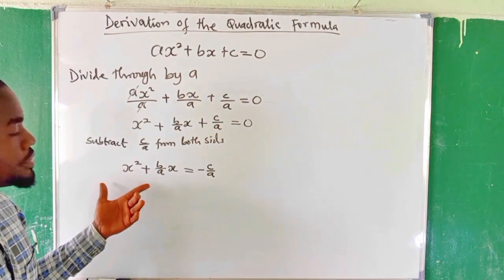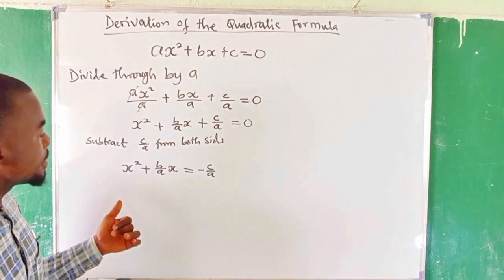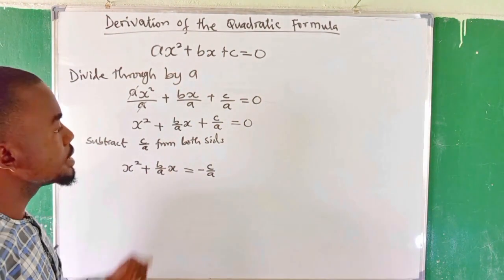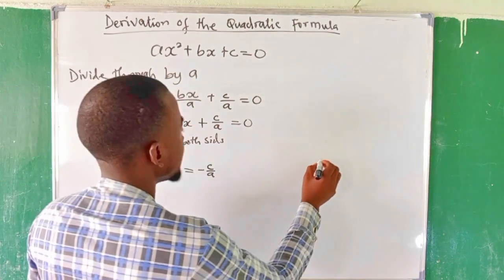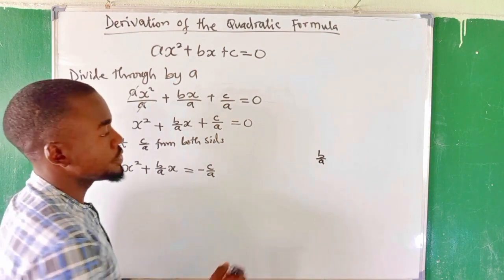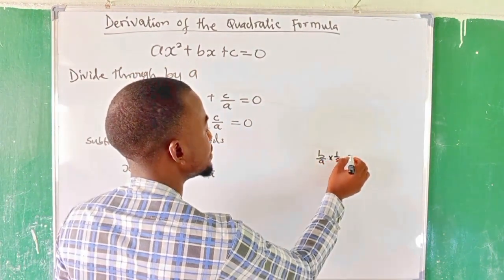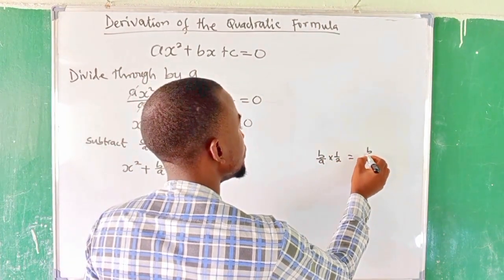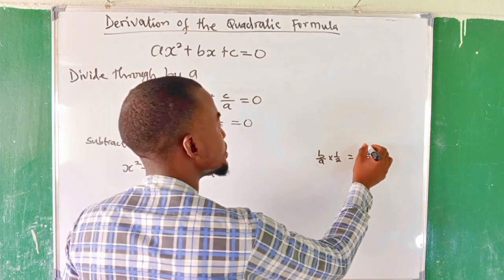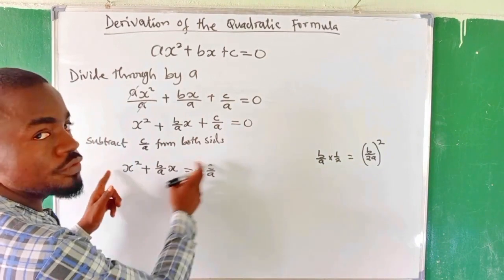Now we are moving to the third step of solving equation using completing the square method, which says take the coefficient of x. Now the coefficient of x is b all over a. Divide by 2. Dividing it by 2 is the same as multiplying by 1 over 2. Now this will give us b over 2a. Now square the result. We now square it and add to both sides of the equation.